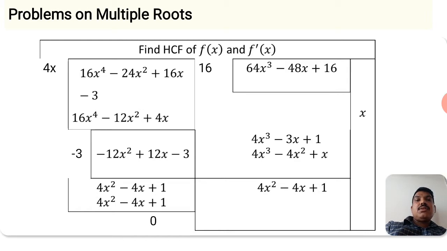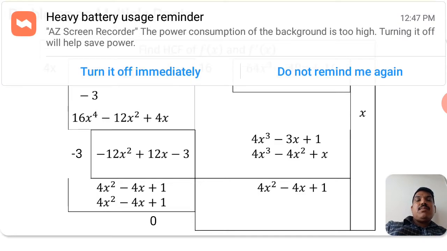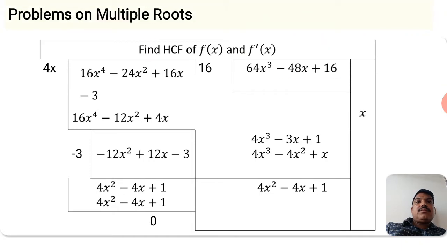Minus 16x to the power of 4 cancels with 16x to the power of 4. Then minus 24x square minus 12x square: since minus 12 is there, we change it to plus 12x square.